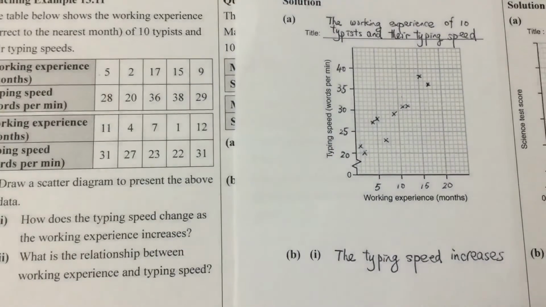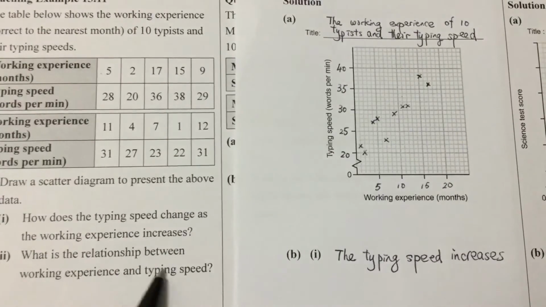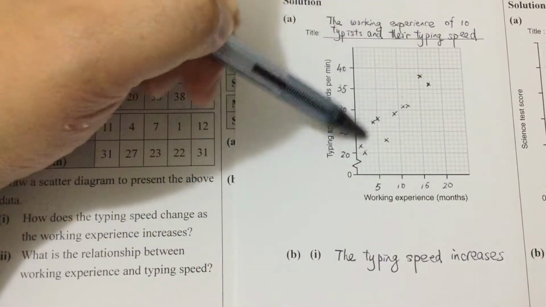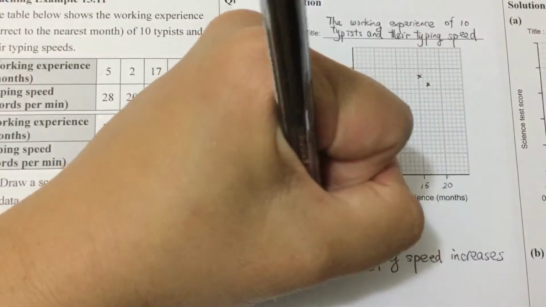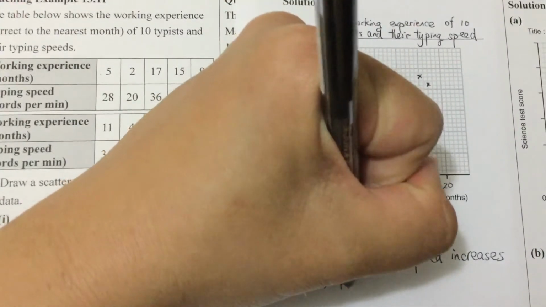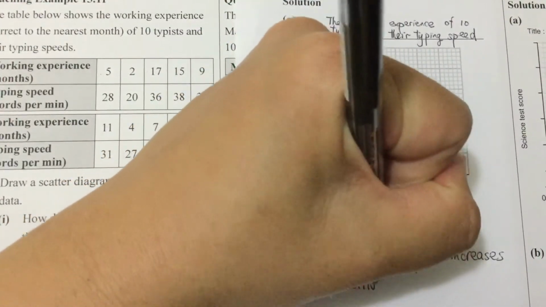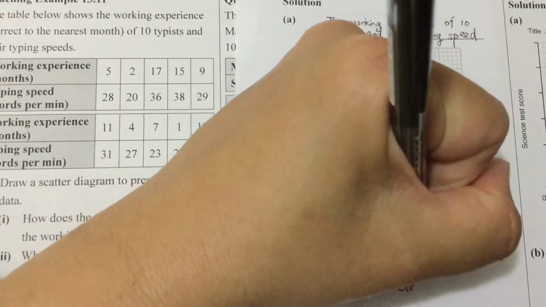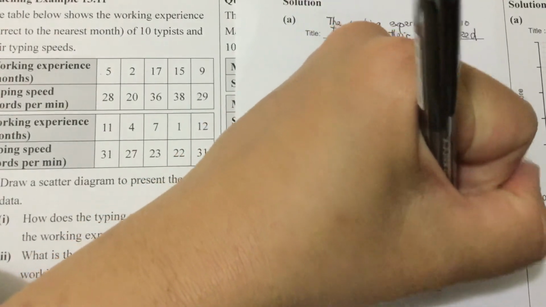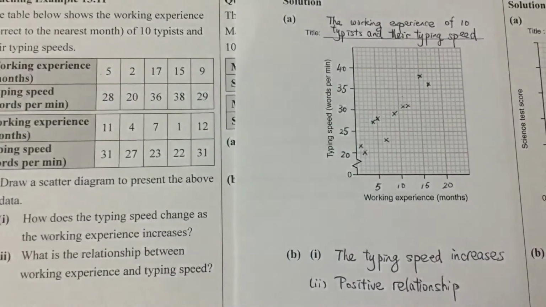This is part B1. For part B2, what is the relationship? Obviously, this one shows a positive relationship. So for part 2, the answer is the positive relationship. So this is part B.